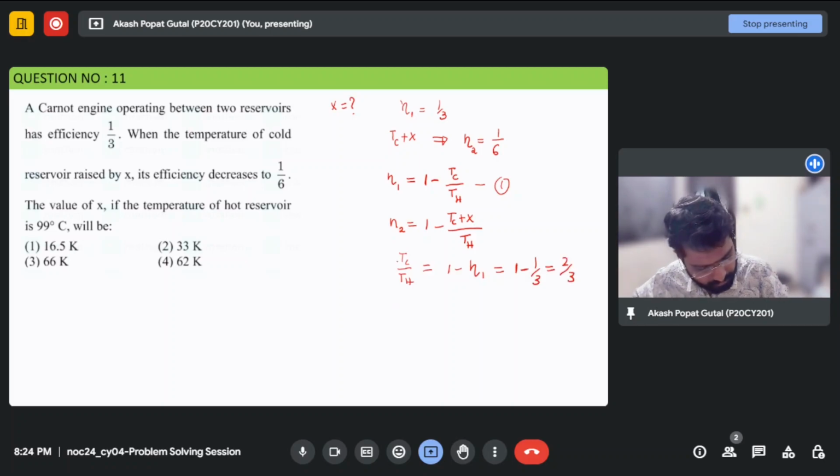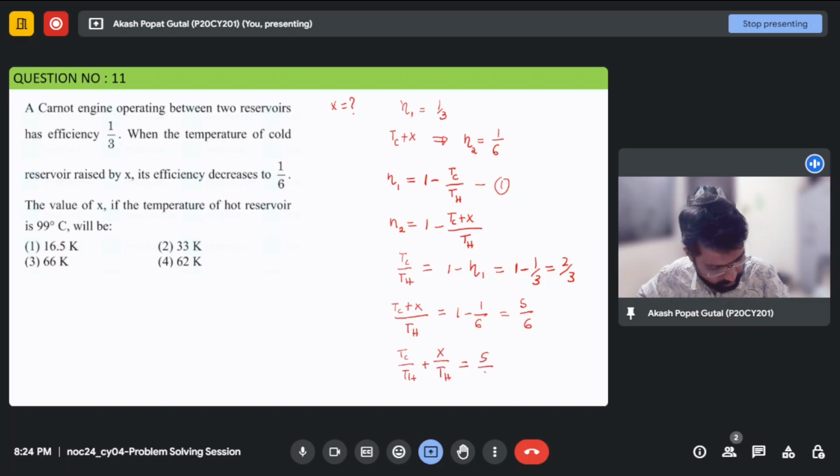And when we calculate for eta 2, Tc plus x divided by Th is equal to 1 minus 1 by 6. This is nothing but 5 by 6. So Tc by Th plus x by Th is 5 by 6.